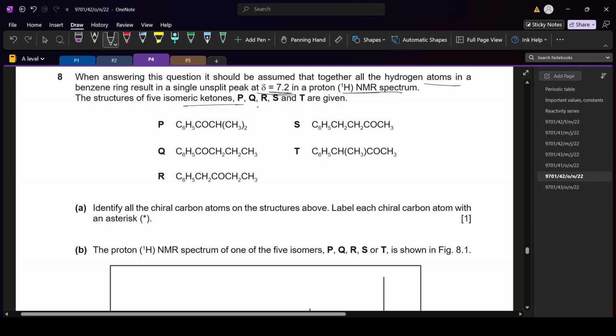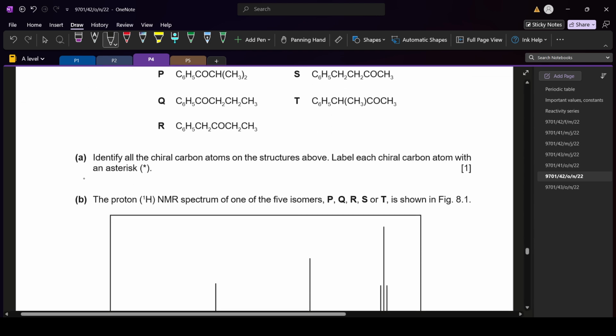The structures of 5 isomeric ketones P, Q, R, S and T are given. Identify all the chiral carbons on the structures above. Label each chiral carbon with an asterisk.